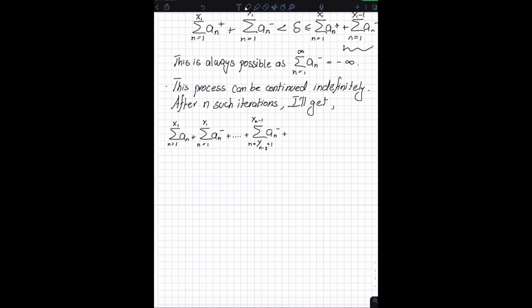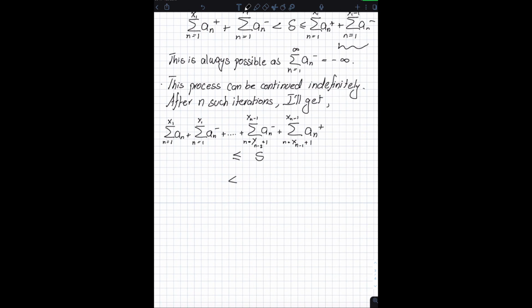So this is just a way to generalize each step. Then x of n minus 1 plus 1 all the way up to x of n of a sub n positive. This is going to be less than or equal to s, where s itself is going to be less than the following sum.